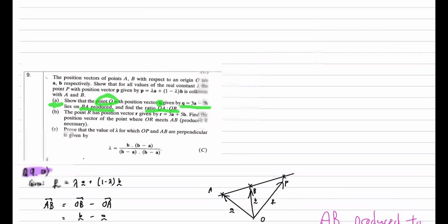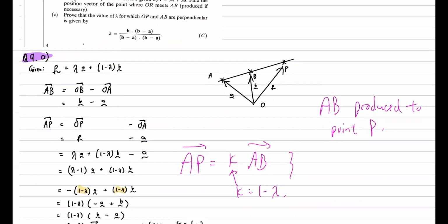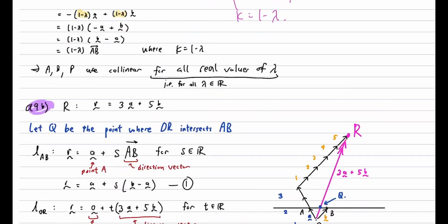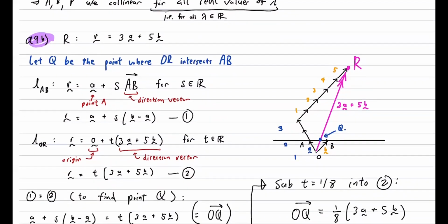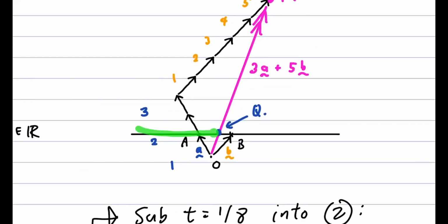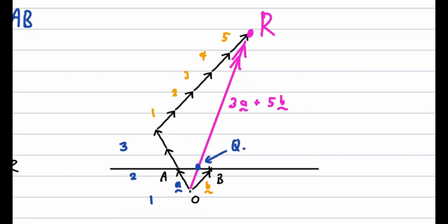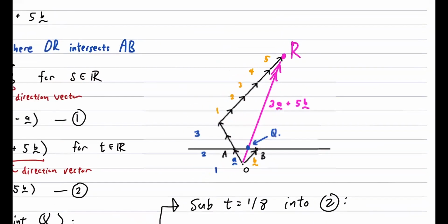So BA produced means what? So we have to draw the diagram. Here I go and redraw the diagram a little bit. Imagine you have vector OA and vector OB represented by a blue vector and an orange vector. They tell us that vector OR, which is just a little r, is 3a plus 5b.